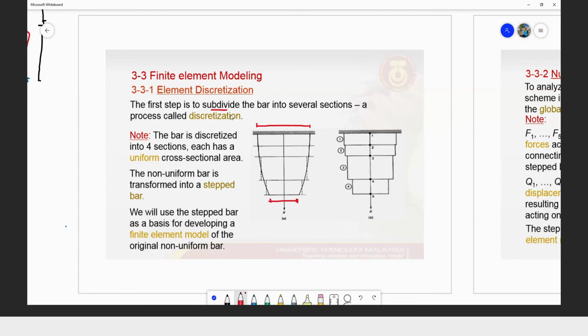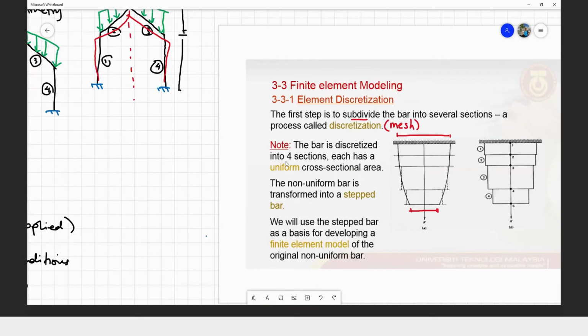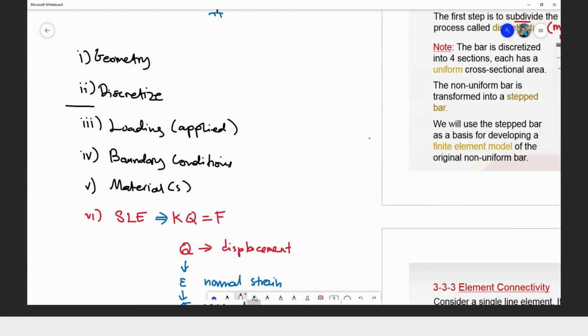So the process of subdividing our geometry into smaller elements is known as the discretization process, and the small elements that we have are usually called a mesh. Alright. So kita dah ada geometri tadi, then kita kena discretizekan dia. Ini kan dia punya flow tadi tu. Ni kita dah ada geometri, the physical geometry. Ini maksudnya physical geometry.